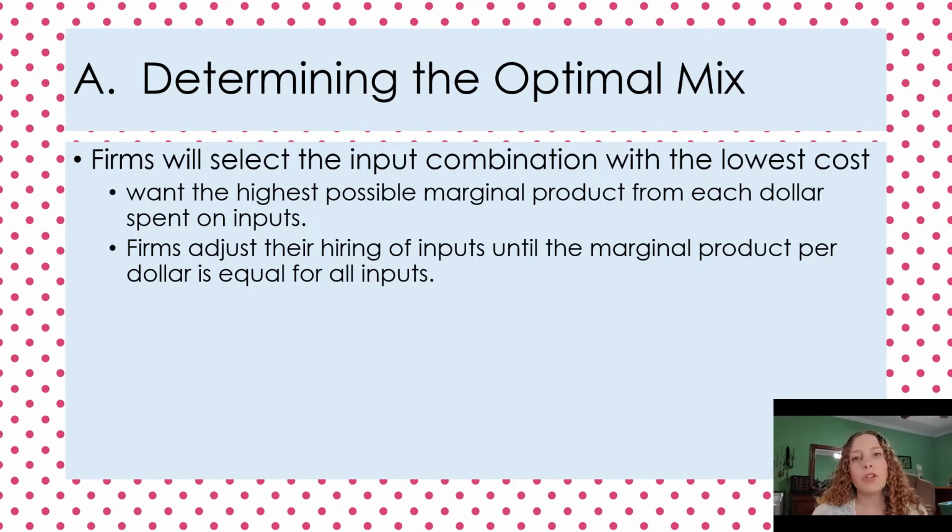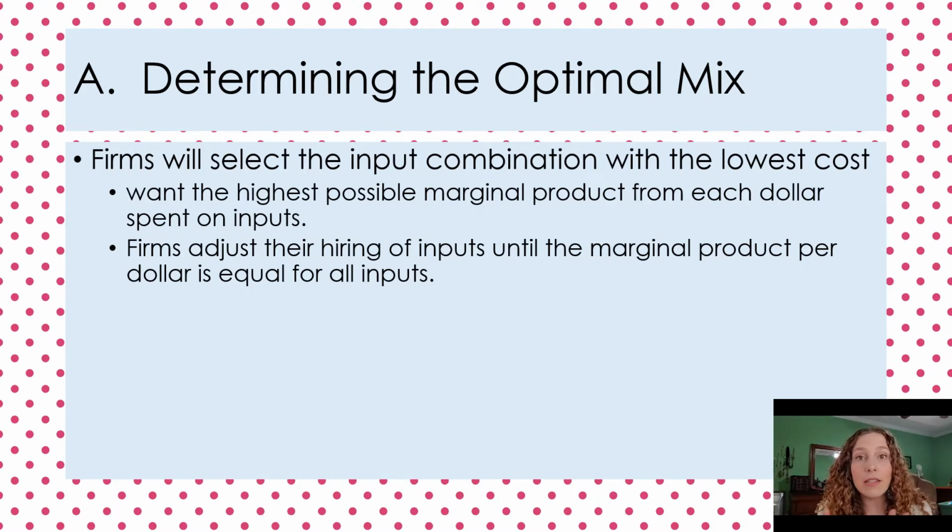inputs. Now, you're going to find this is very similar to, in fact almost exactly the same as, just with different terminology, the marginal utility stuff that we did several months ago, the marginal utility per dollar, where people consume two different goods until the marginal utility per dollar of those goods is the same.